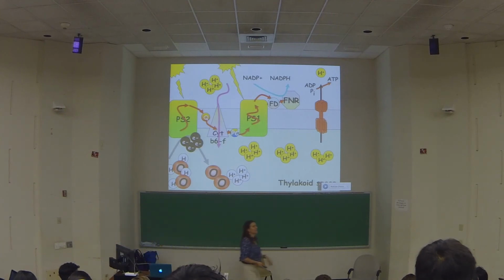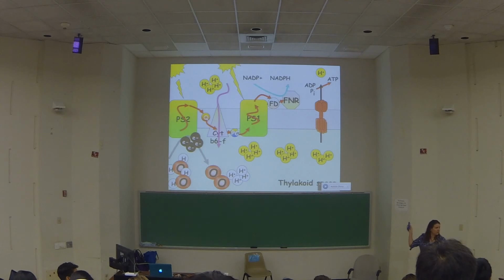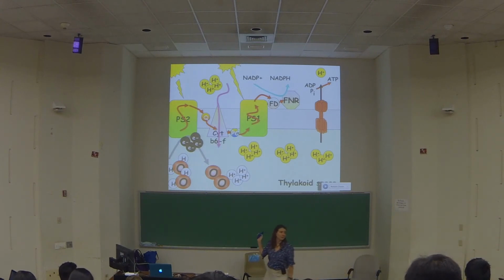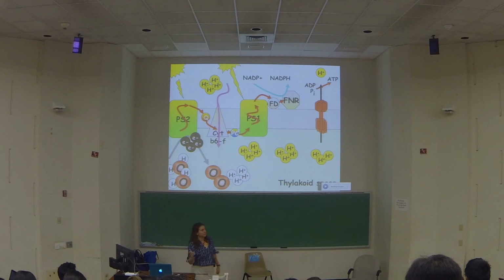Yeah? So is it still 3 to 1 though? 3 hydrogen to 1? That's a good question. I'm actually not entirely clear if the ATP synthase that works in photosynthesis has that same sort of ratio. I would assume it's similar, but I don't know for sure. It's a good question. You don't have to keep track of it quite the same way.